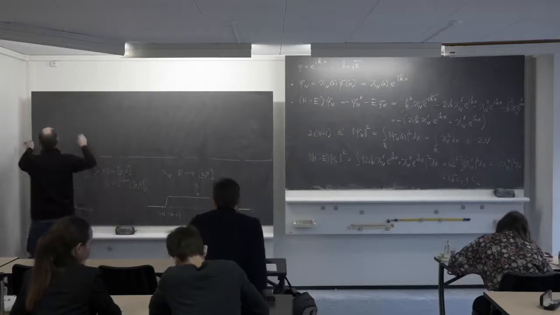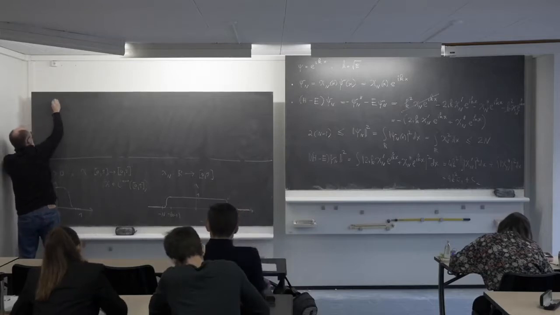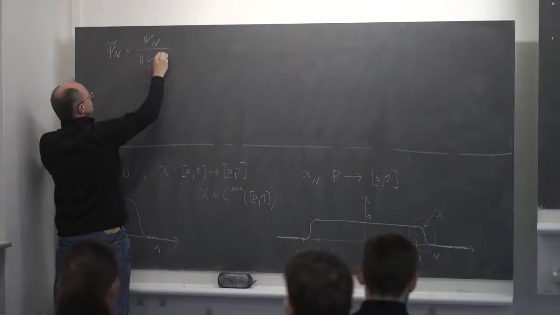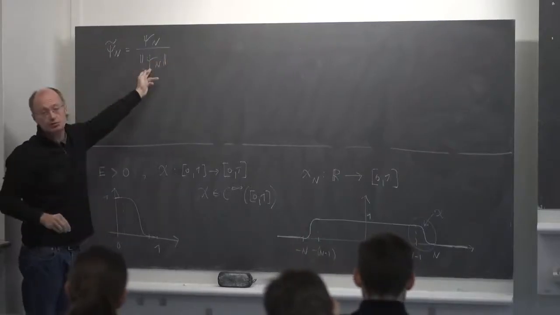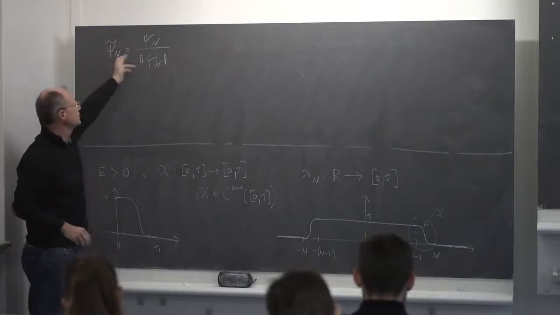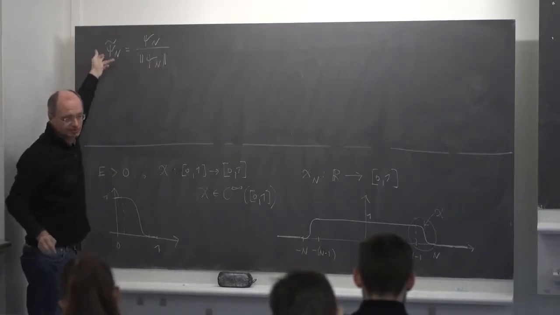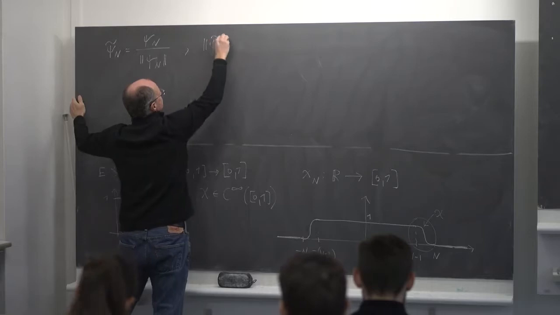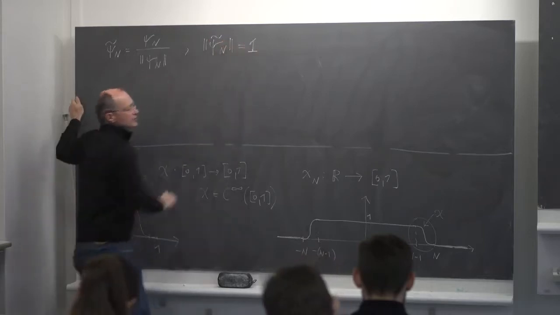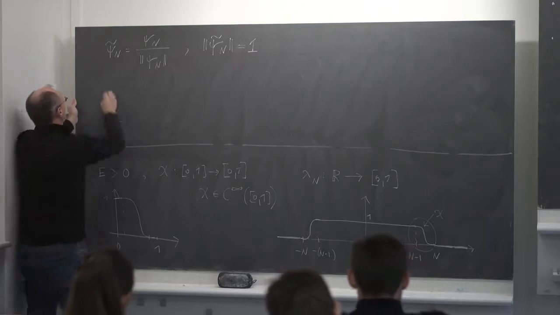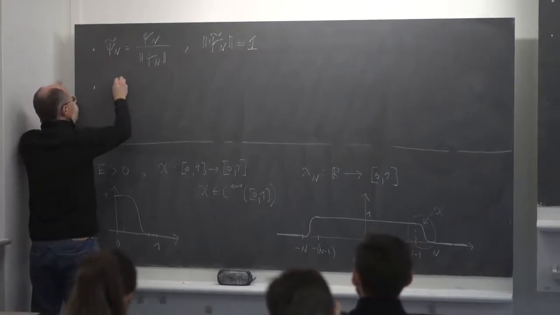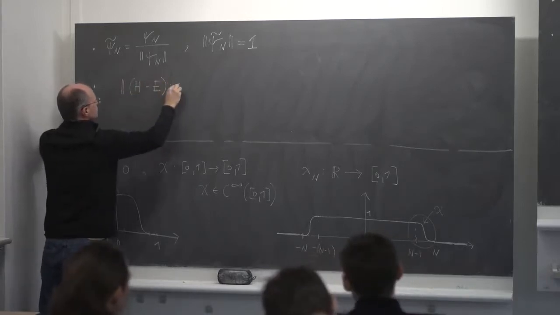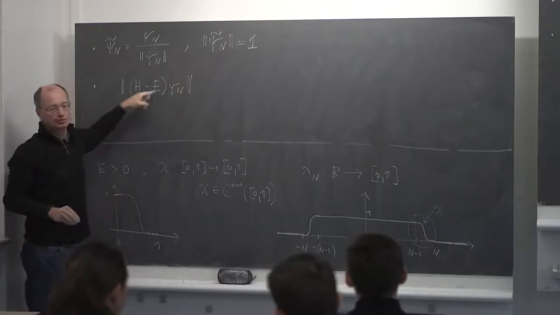Now let's do the following. Let's say psi n tilde is equal to psi n divided by its L2 norm, right? So this is a function of L2 norm 1. Obviously, the L2 norm of this new thing is equal to 1. Well then, what can we say about the L2 norm of this function?